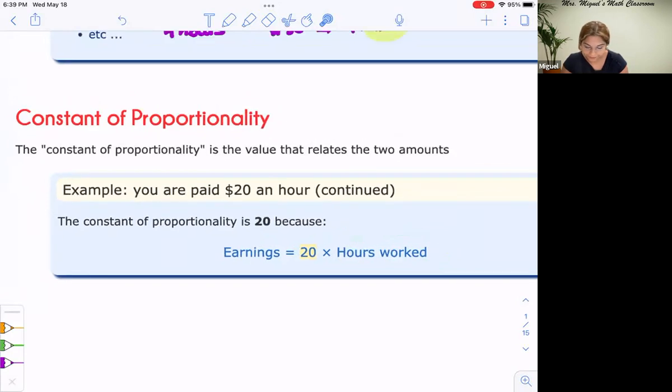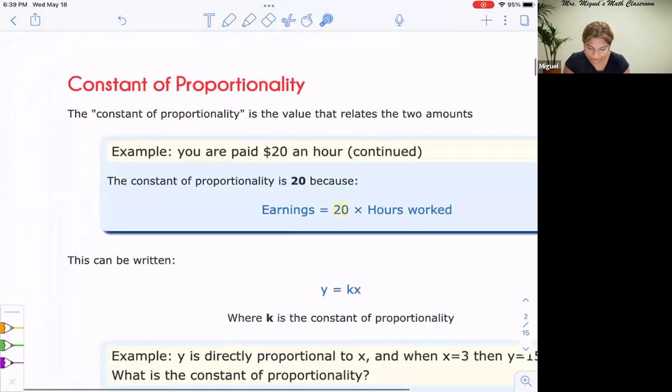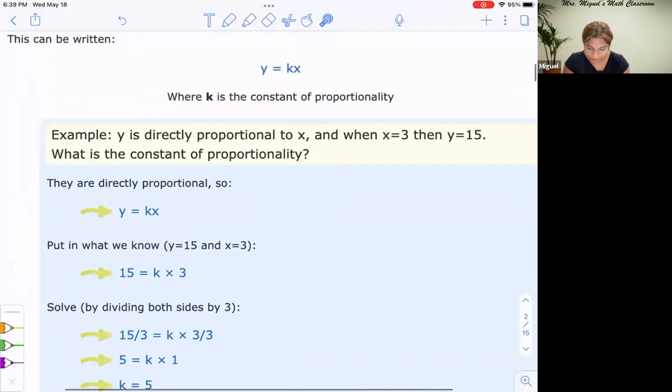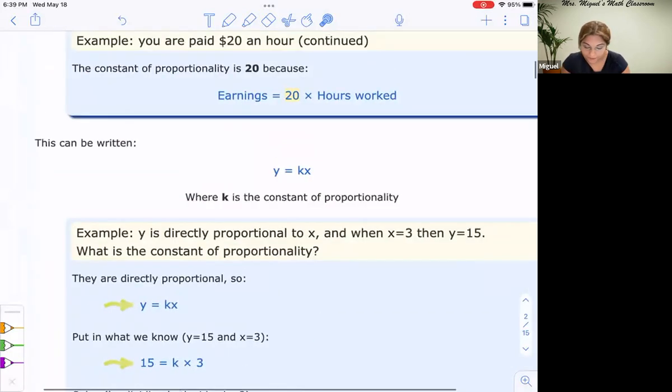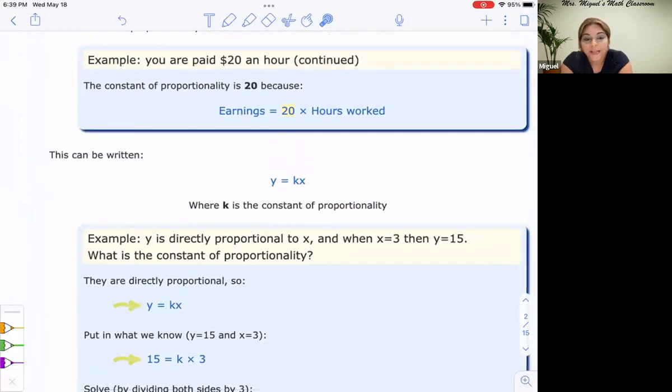We go in again. Now, we can write this as y is equal to k by x. K is called the constant of proportionality.